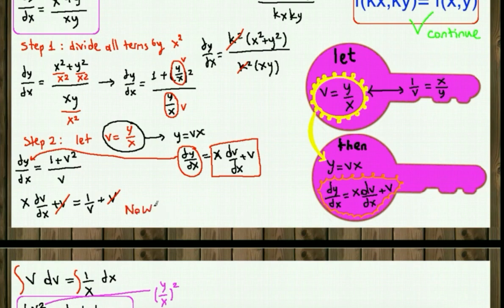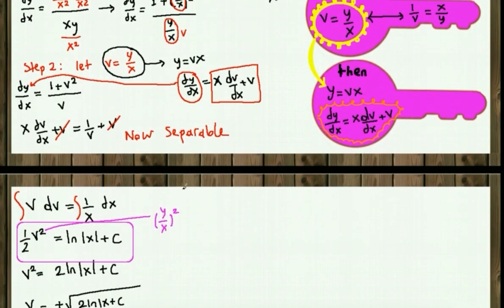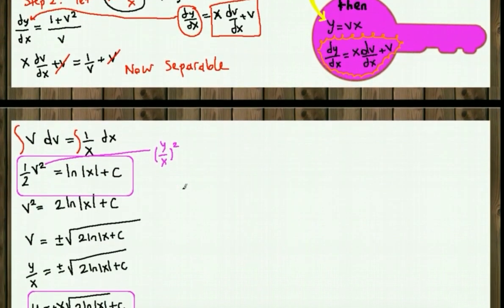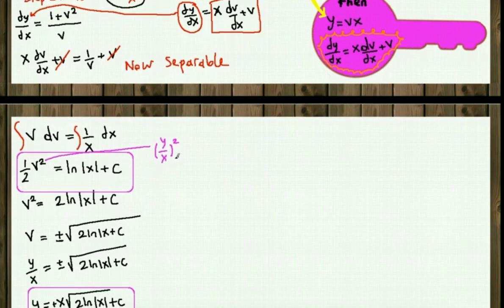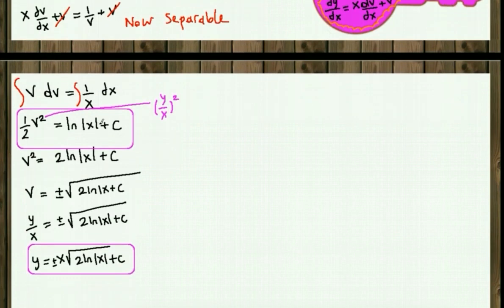So now it is separable. And then we're going to apply the separable equation form. We're going to integrate both sides, and we're going to bring the v substitution back, and then this is going to be our implicit form, and this is going to be our explicit form where we solve for y completely.